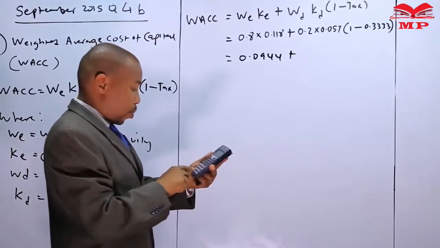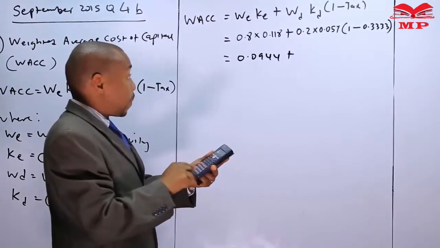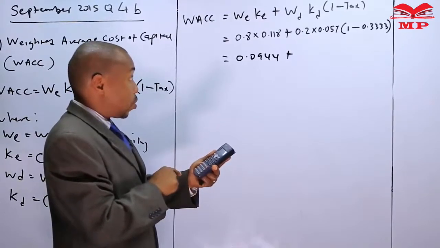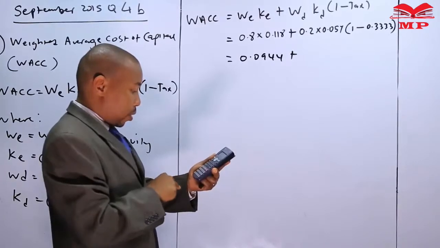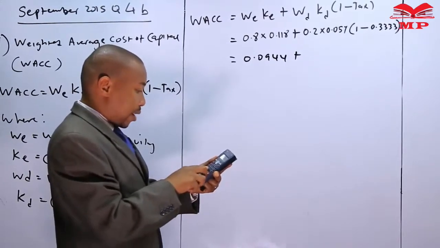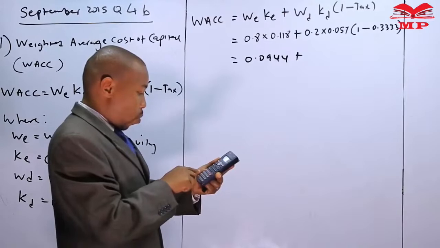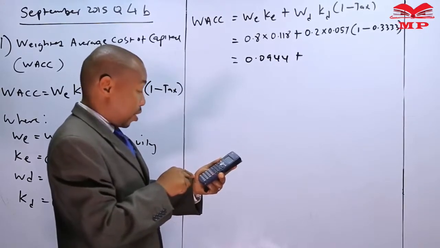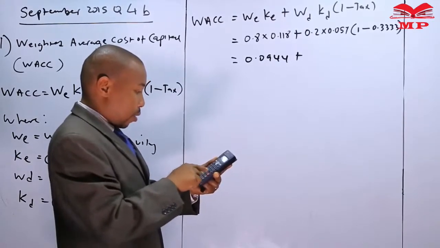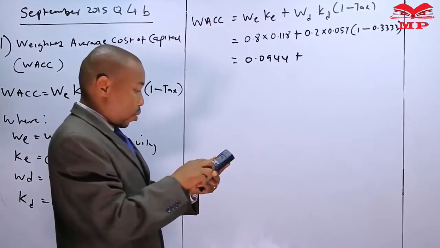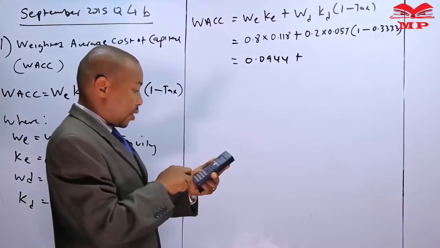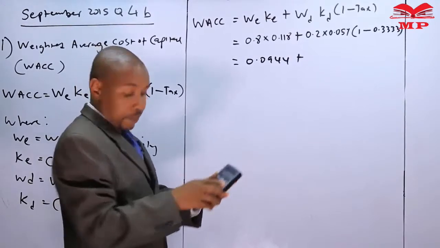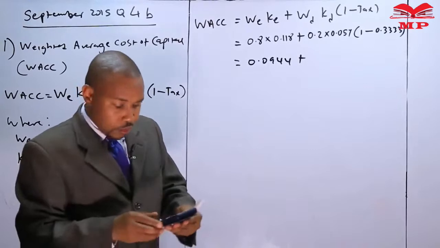You're saying we get 0.2 multiplied by 0.057 equals that. You multiply that by 1 minus 0.333. Close the brackets, equals. So we have 0.0076.